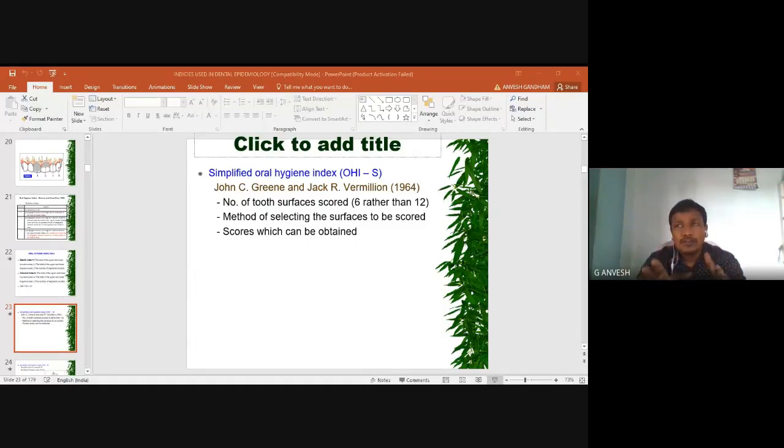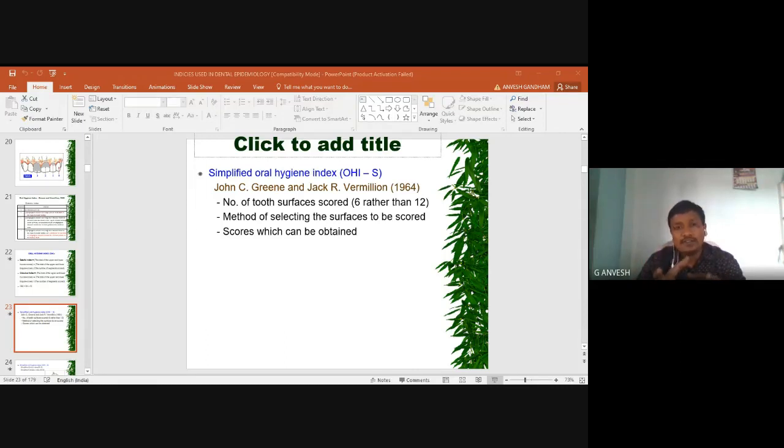So if we consider the upper quadrant, we examine only the buccal and labial surface of the tooth. Whereas in the case of the lower, in the fourth segment and the sixth segment, we examine the lingual surfaces, whereas in the fifth segment, we examine the labial surface.